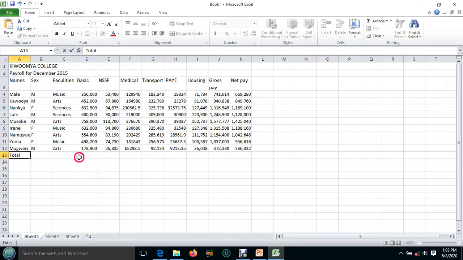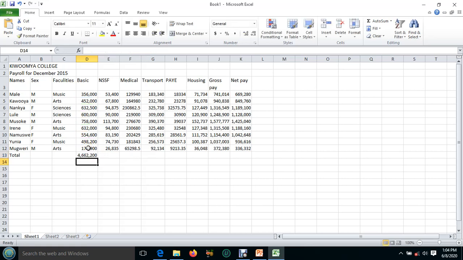For the first one, which is basic, is equal to the first person plus the second person plus the third person plus the fourth person plus the fifth person plus the sixth person plus the seventh plus the 10th plus the last person, and you press enter.